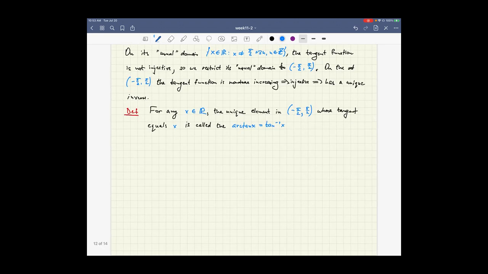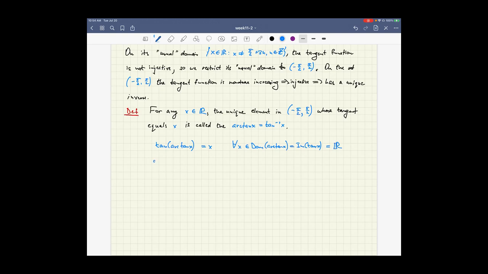So we have here, by the definition of tangent and arctangent being inverses of each other, that tangent of arctangent x equals x for every x in the domain of arctangent, which is the image of tangent, which is the entire real line.